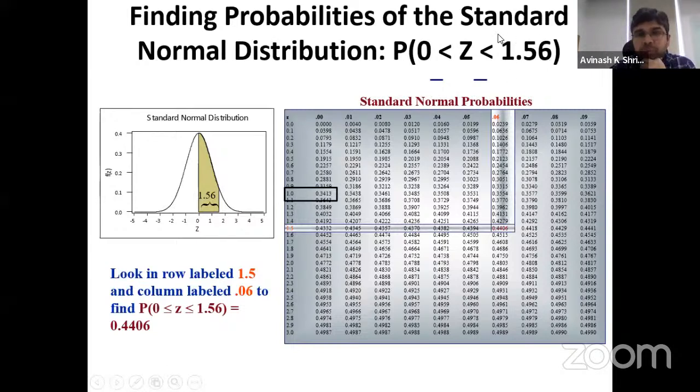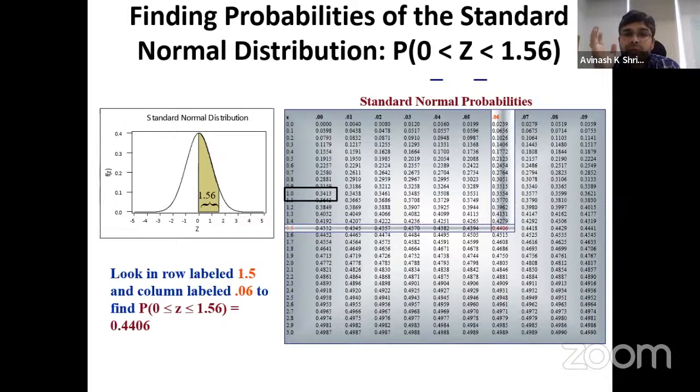For 1.5 we go in the vertical direction, 1.5 is here. And for the second decimal place, we scroll in the horizontal direction. You can see that for the value of 1.56, the probability comes to be 0.4406.